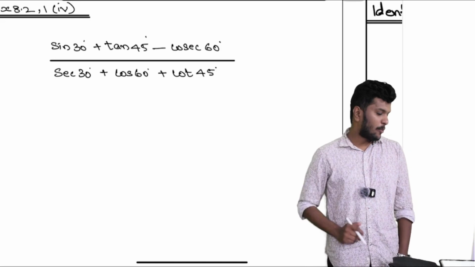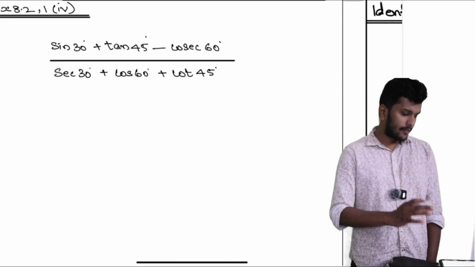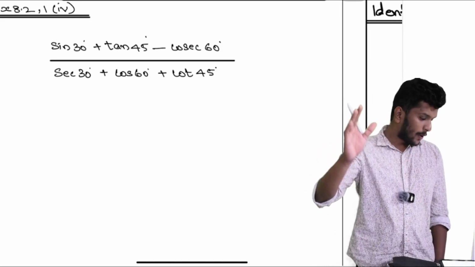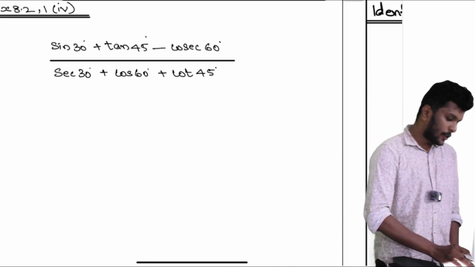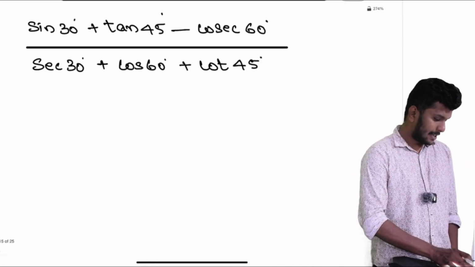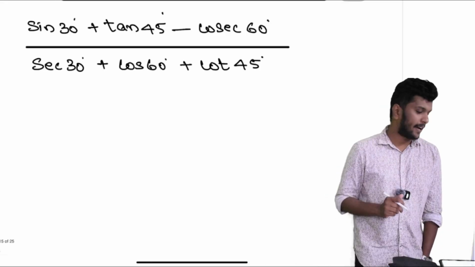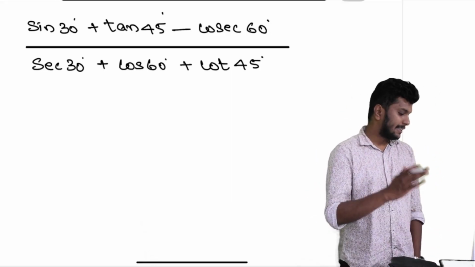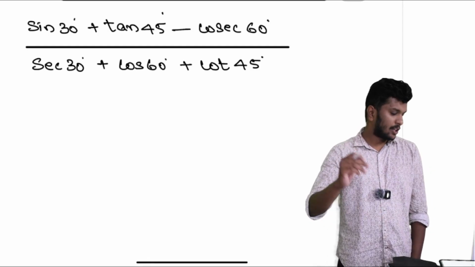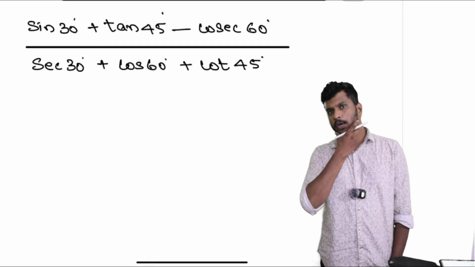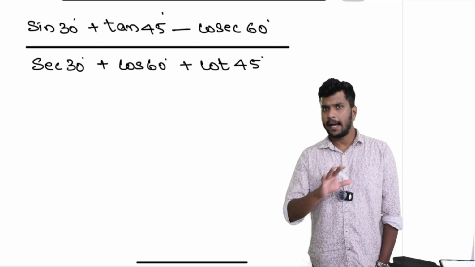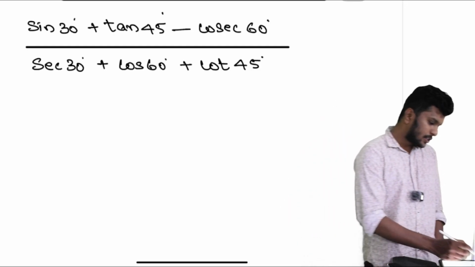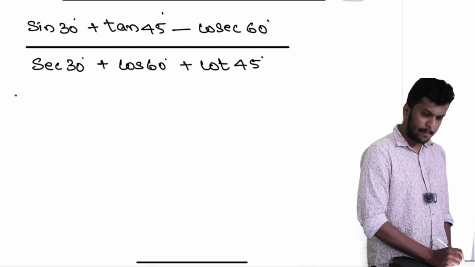The next important question we are going to do is from our textbook 8.2, question number 4. The question is: sin 30 plus tan 45 minus cosec 60 whole divided by sec 30 plus cos 60 plus cot 45. Here you will have to know the values and substitute them.